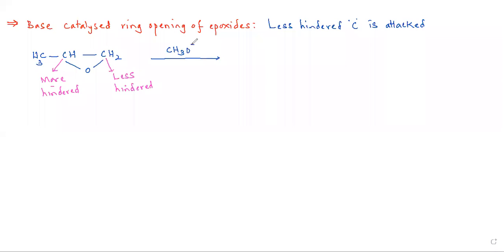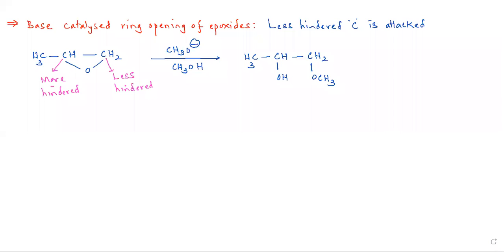Let us consider methoxide and methyl alcohol. We'll be getting CH3, CH, OH, CH2, OCH3.